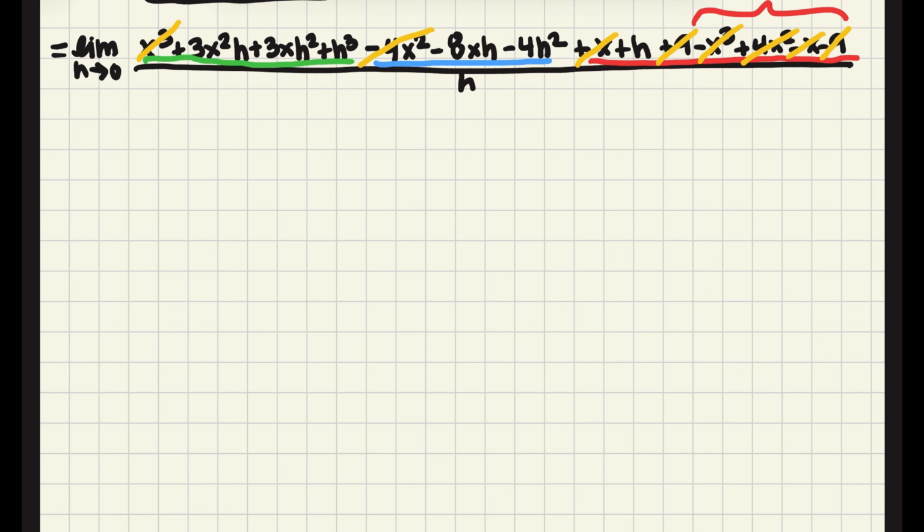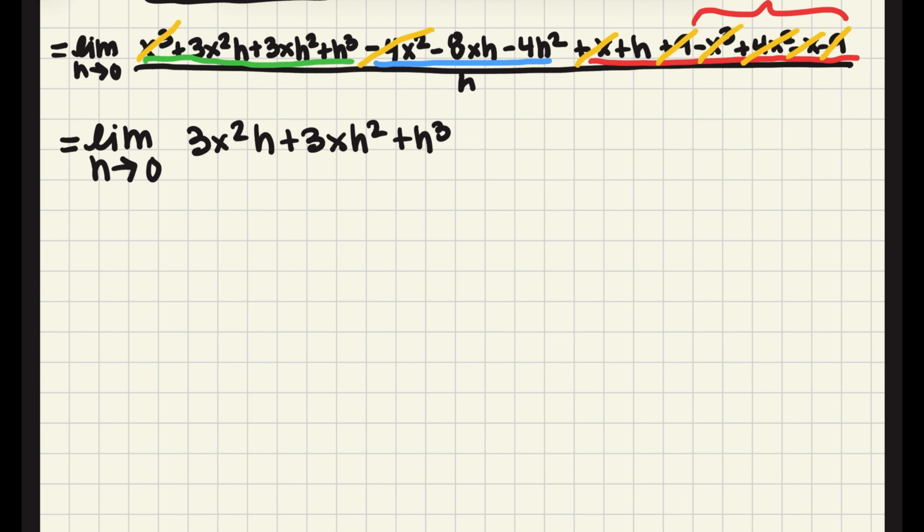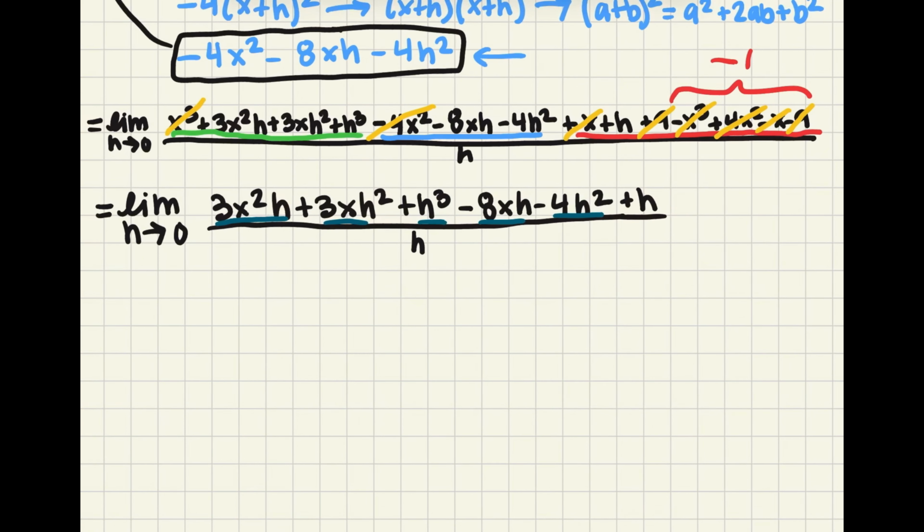I don't believe I missed anything, but let's see. So this will shorten what we have so far a lot. So we're left with 3x squared h plus 3xh squared plus h cubed minus 8xh minus 4h squared.